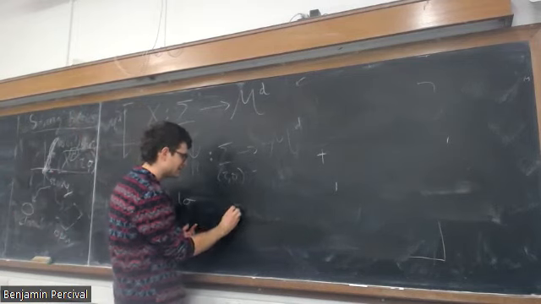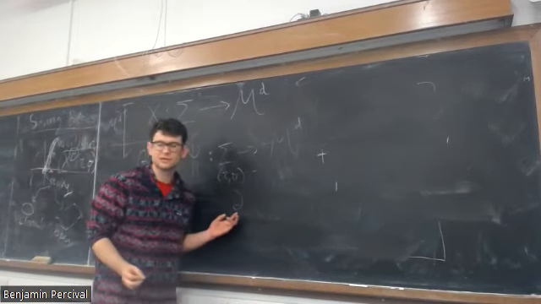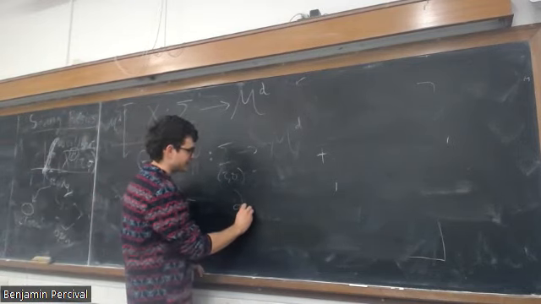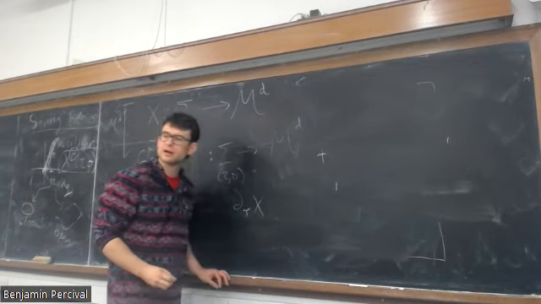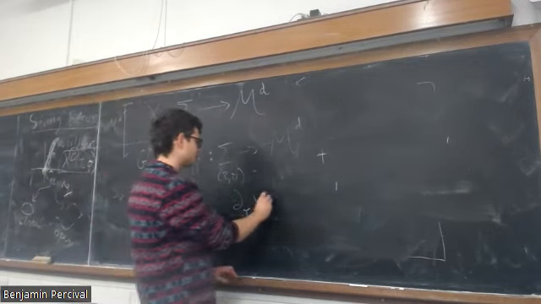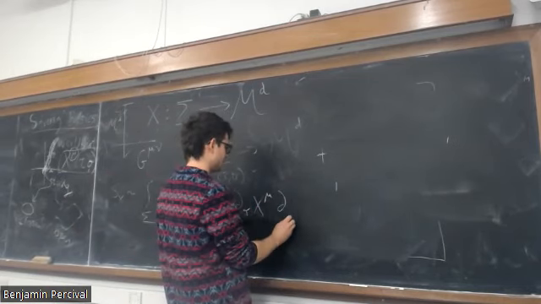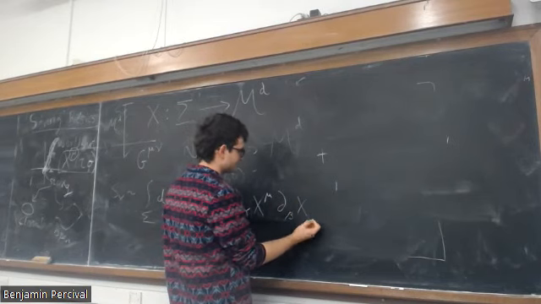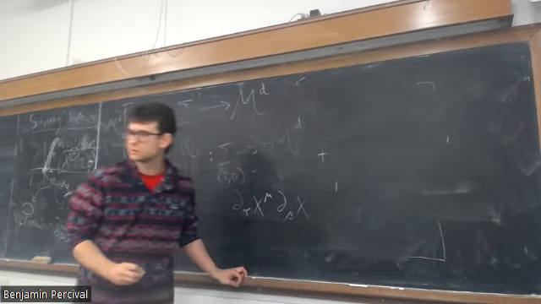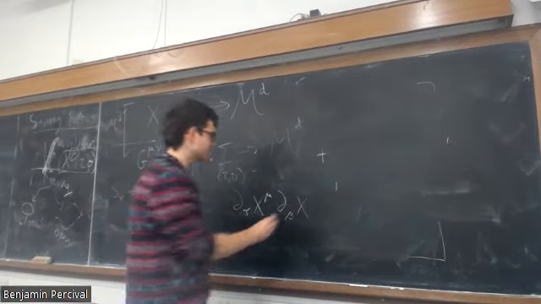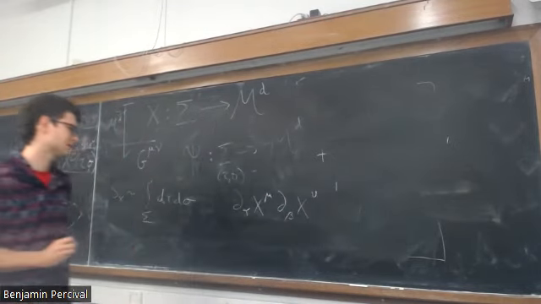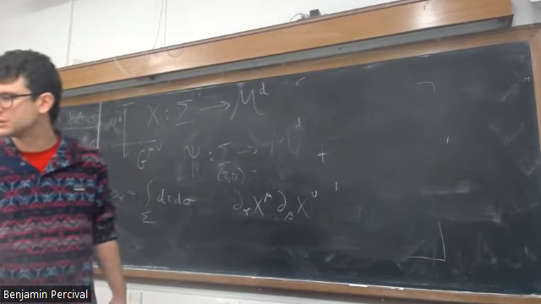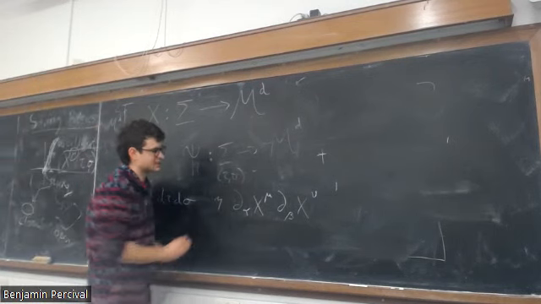I'll write a little d instead of a covariant d for now. So d alpha x mu, d beta x nu.